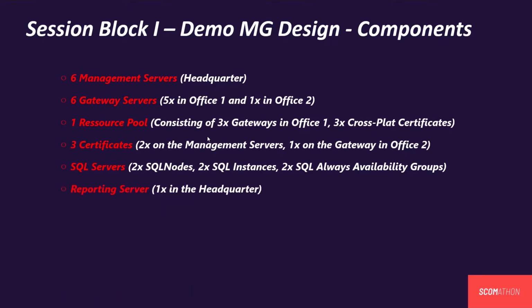I have 1 reporting server. I have as many as required consoles. I can do them highly available by configuring Microsoft Network Load Balancing if this is required, of course. And I have my web consoles. So those are the components I have used in this particular demo.